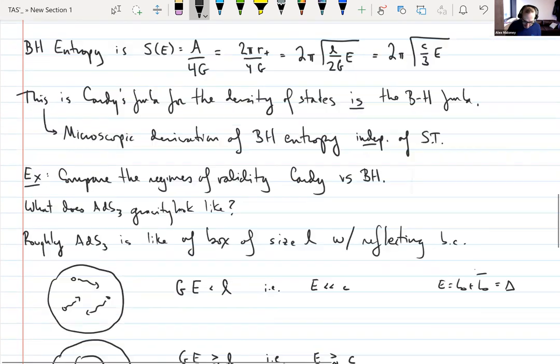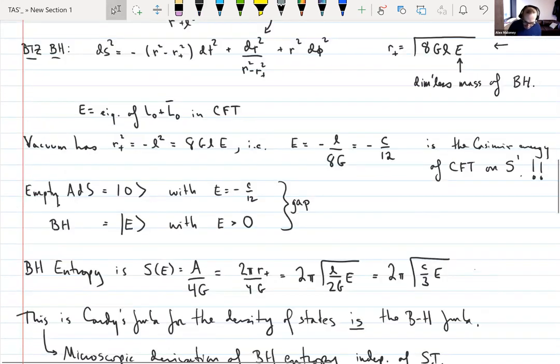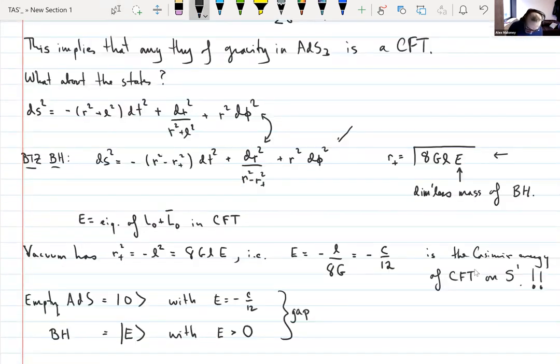Let's look at the metric of BTZ. Notice that phi is periodically identified, as it always is, but it doesn't have to be, right? In global AdS3, if you look up here, phi needs to be periodically identified, otherwise you've got a conical singularity at r equals 0. On the BTZ geometry, however, phi does not need to be periodically identified because it doesn't shrink to 0 at the horizon.